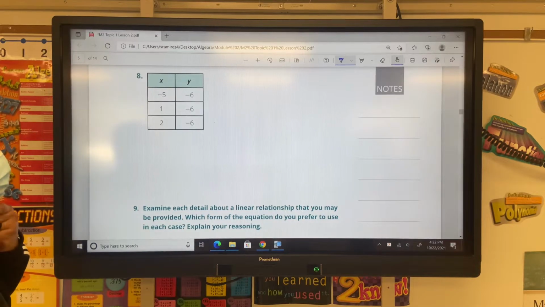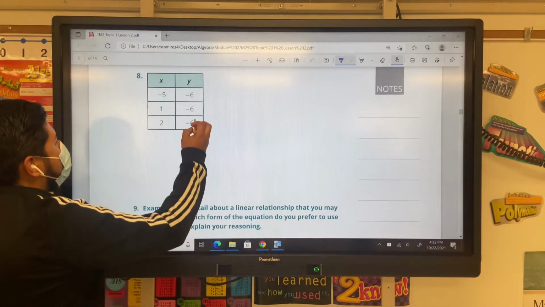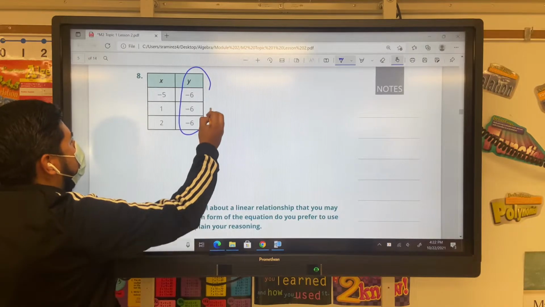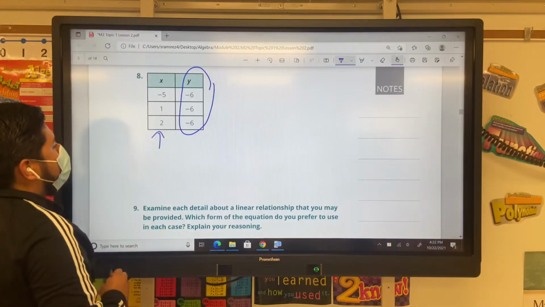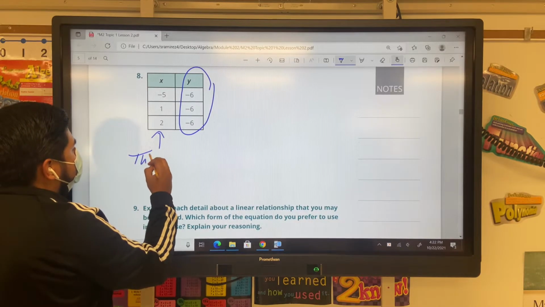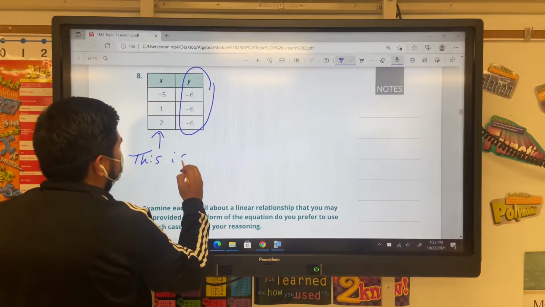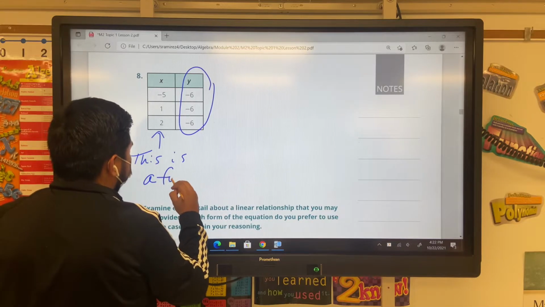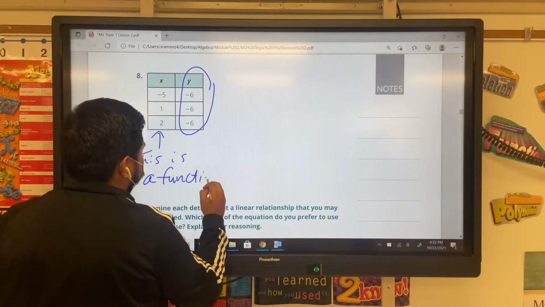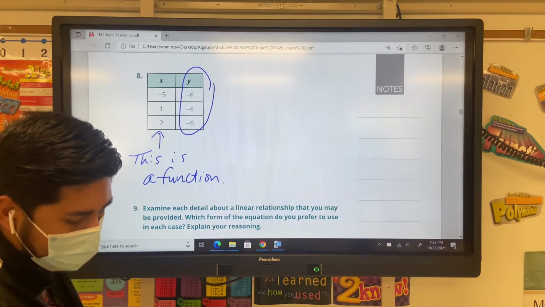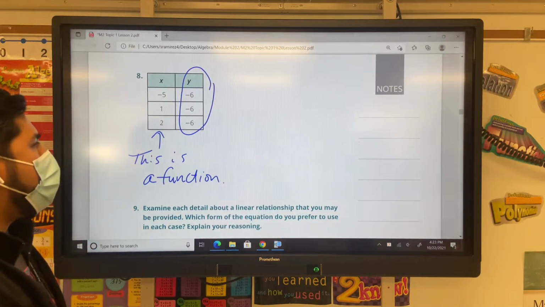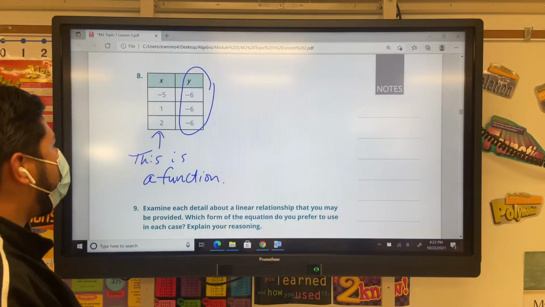I do just want to mention, because we're going to talk about it on the next page, we have repetitions of X. Hopefully you know that because the X is not repeating, this is a function. It is a function, so you definitely want to be able to recognize X doesn't repeat, it is a function.